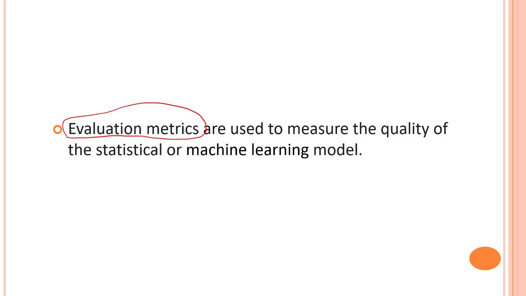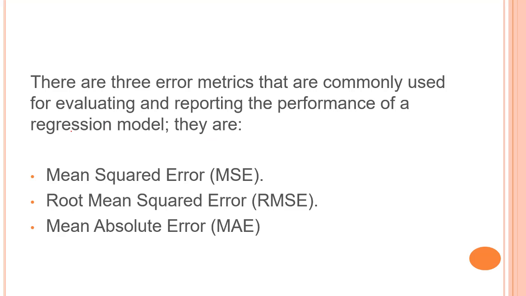This is because a model may perform very well using one measurement from one evaluation metric, but perform poorly using another measurement from another evaluation metric. What I mean is we should not rely on only one evaluation metric, but should use a couple of them. Maybe MSE works better on my model, but RMSE does not work better on my model. So you should always have different kinds of evaluation metrics for that.